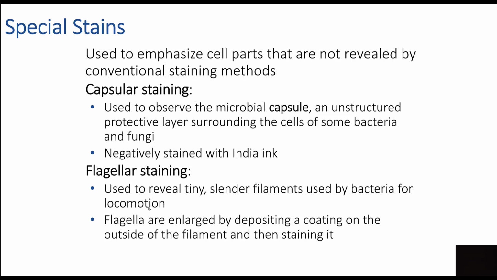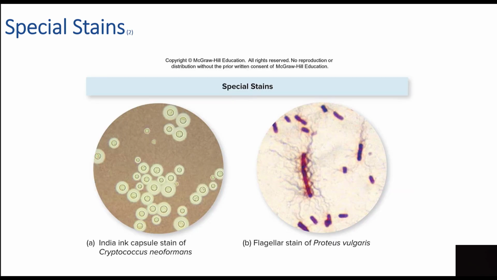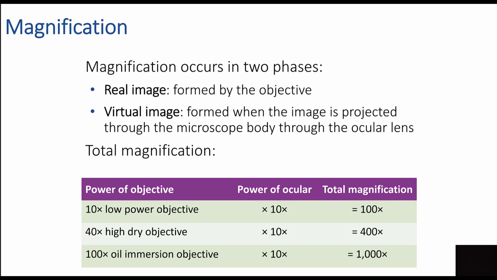We'll talk about that in class. They spin in one way or another, depending on whether they want to move forward or tumble and move in other directions, but the flagella is responsible for that, and we have stains for those type of things, and you can see those here. The India ink has that clearing zone around the capsules, so we know Cryptococcus neoformans has that polysaccharide, and Proteus vulgaris, which is really motile, it'll swarm a plate, but you can see why, all these flagella all the way around, the peritrichous type of arrangement.